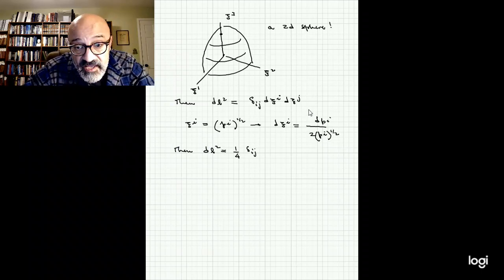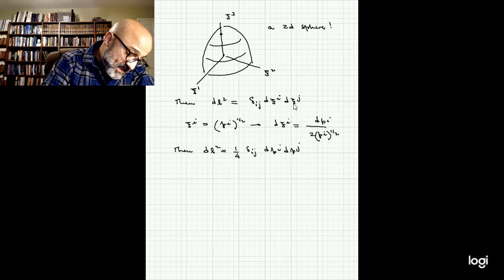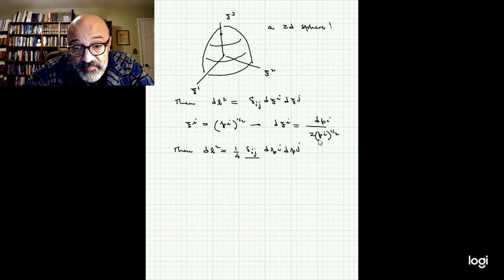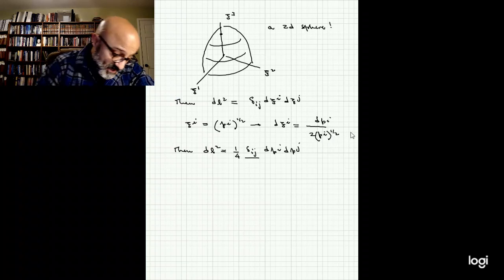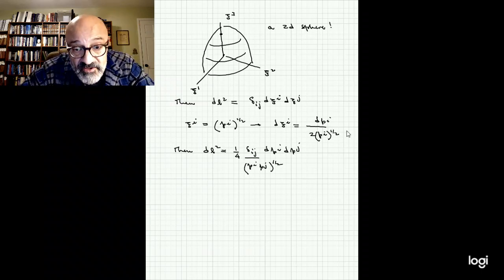Then there is dpi dpj. And then there is a pi to the 1/2, pj to the 1/2. But now the metric here is telling you, and this is summed over i and j, right?